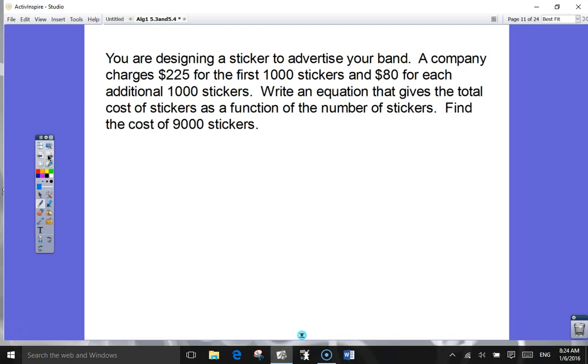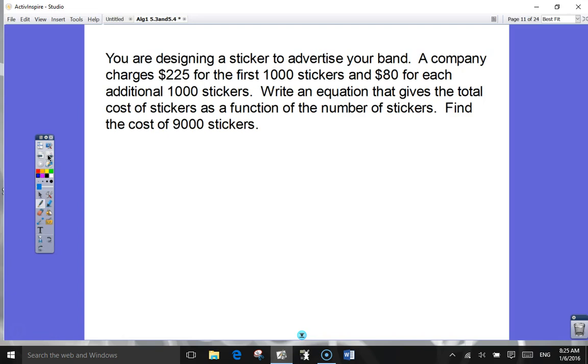But in this case, what did they give us? Did they give us 2 points, or a point and the slope? It looks like 2 points. Is it 225 comma 1,000, or 1,000 comma 225? They're saying the cost of the stickers is a function of the number of stickers.